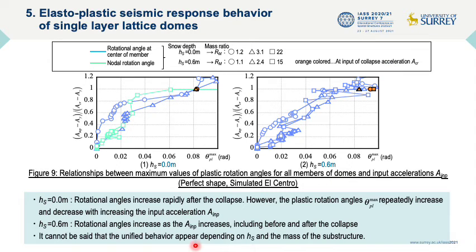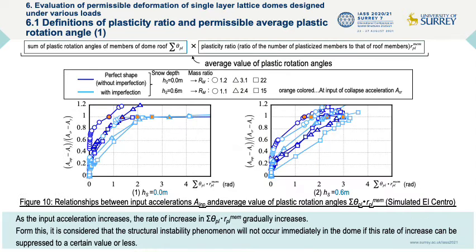It cannot be said that a unified behavior appears depending on HS, the shape of initial imperfection, and the mass of the substructure. Therefore, a new indicator is introduced. The relationships between plastic rotation angle and the structural instability are examined.